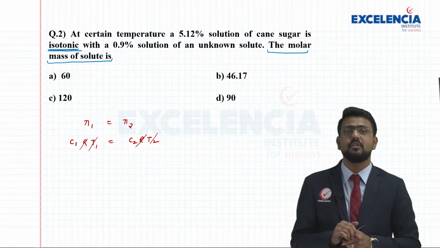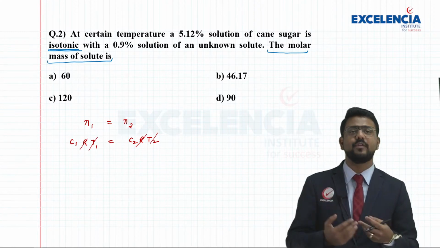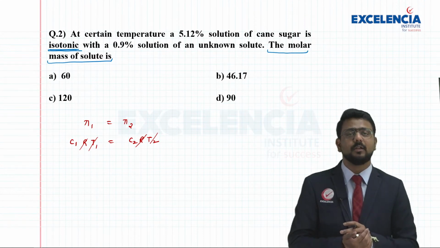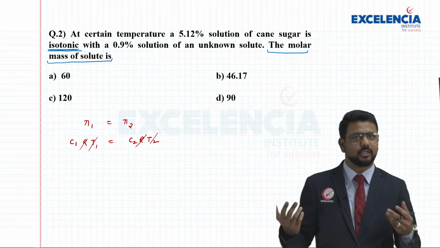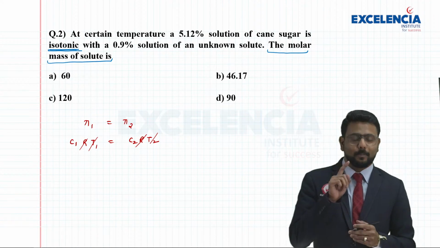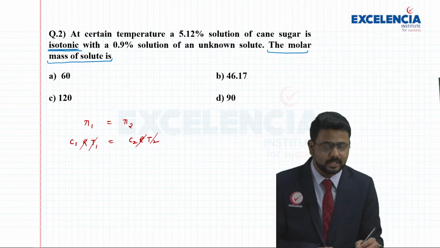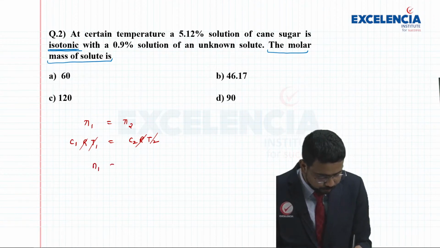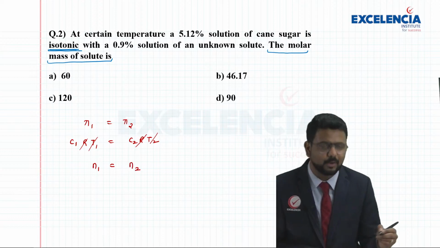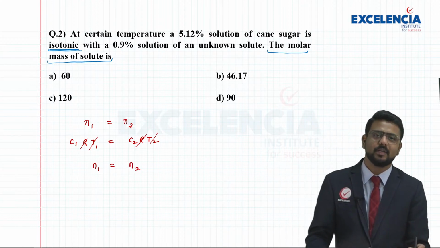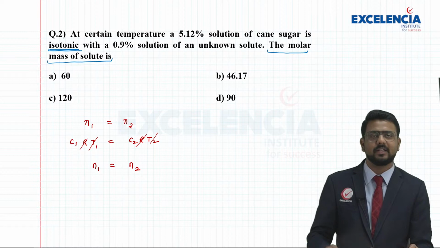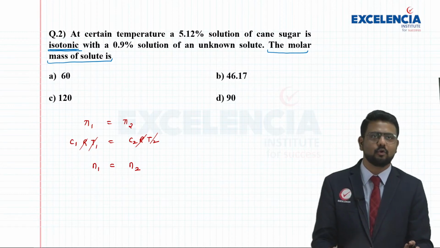Now they are giving you the concentration in terms of percentage. So we are dealing with 100 grams of the solution in both cases, right? So this expression reduces to N1 equals N2. The number of moles for both components, that is cane sugar and this unknown solute, should be the same.